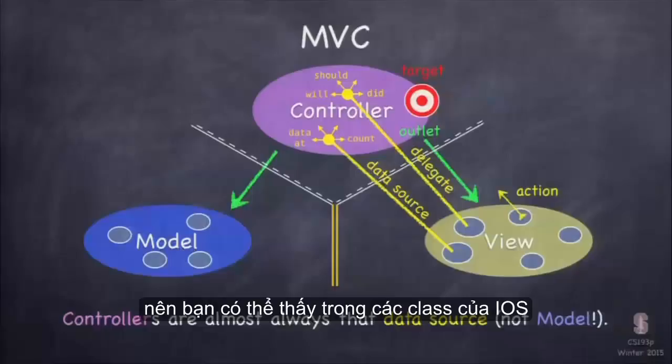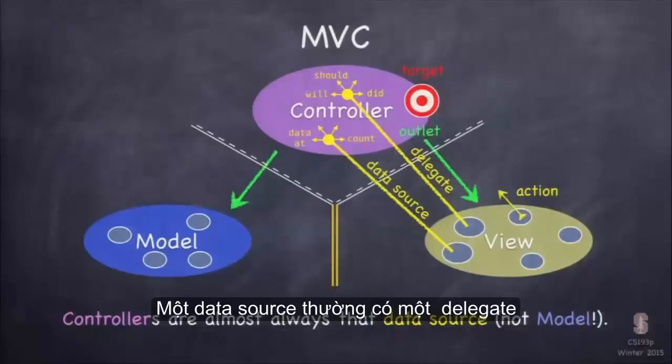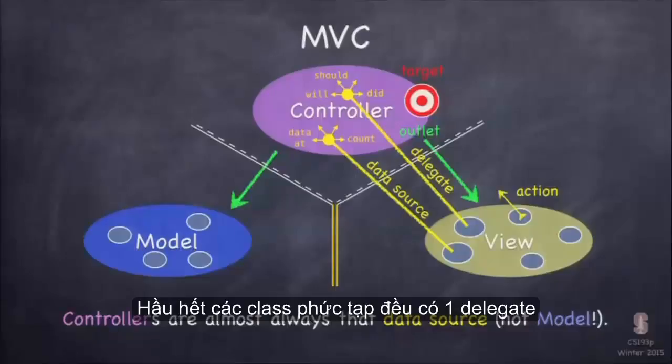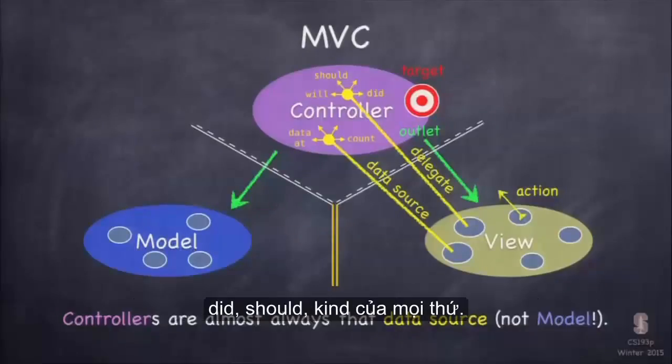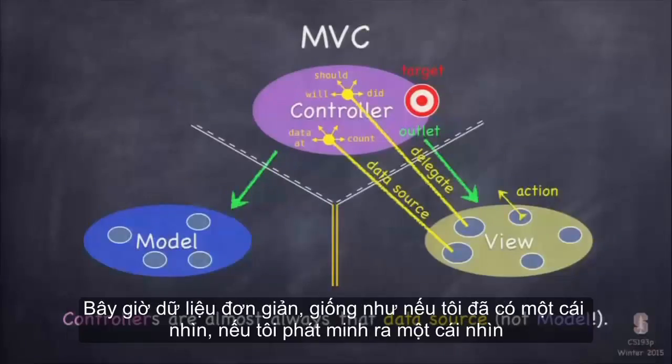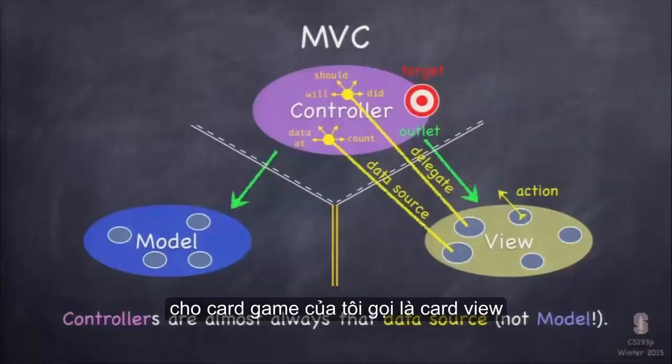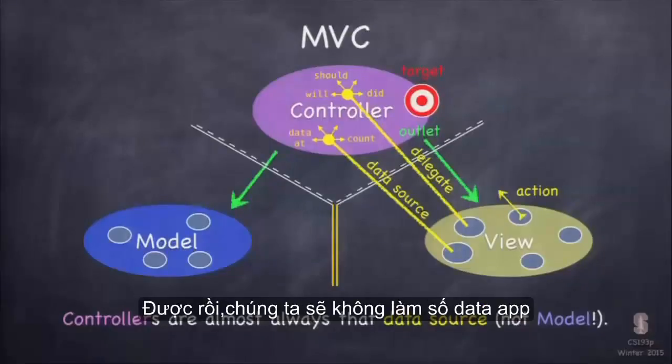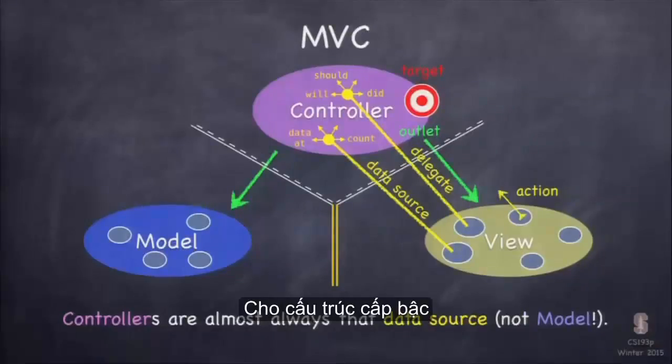So you're going to see that there are classes in iOS that have a data source, and they usually also have a delegate. Most sophisticated classes in iOS have a delegate, the will, did, should kind of things. Some of them have a data source. It depends on whether they're showing a lot of data or not. Now, simple data, like if I invented a view for my card game called playing card view, and it just has a suit and a rank, we're not going to do count data for just suit and rank.